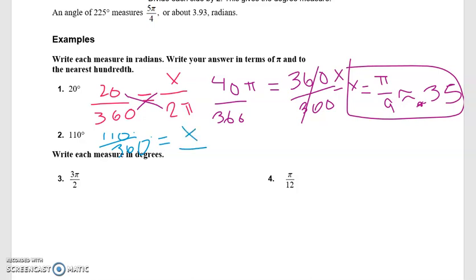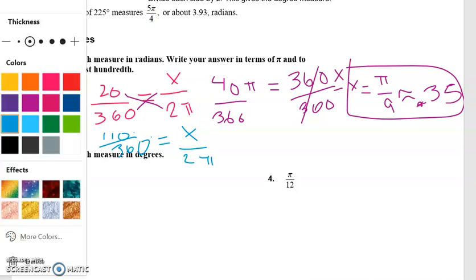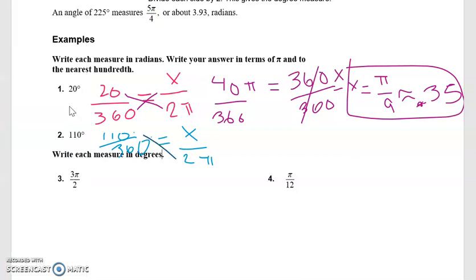Equals, we want to know what it is in radians, over 2 pi radians. We're going to cross multiply. So 2 times 110 is 220 pi equals 360 times x.